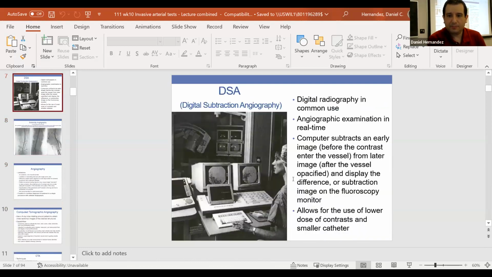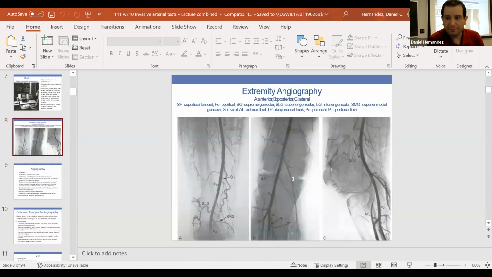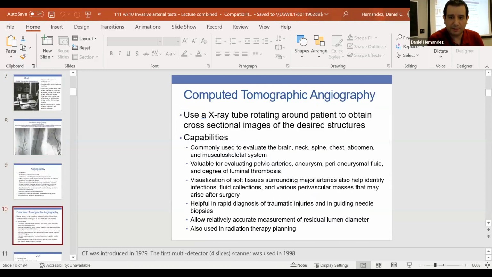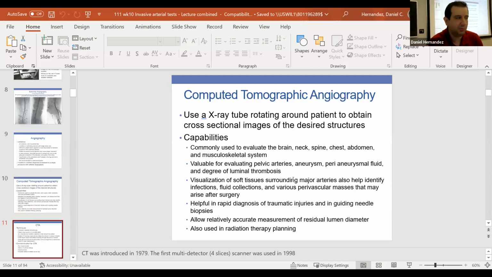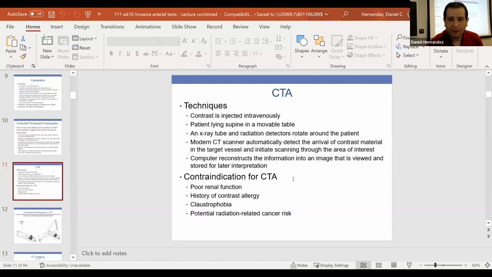Digital subtraction angiography utilizes an X-ray tube. So it's a single frame or single image or single area that we're imaging. We can also do this using a CT scanner. The CT scanner utilizes an X-ray, so it's radiation still, but that tube rotates around the patient.